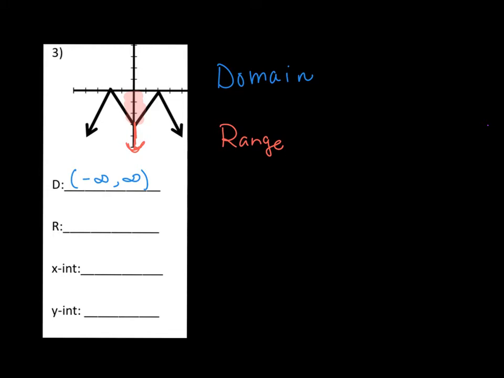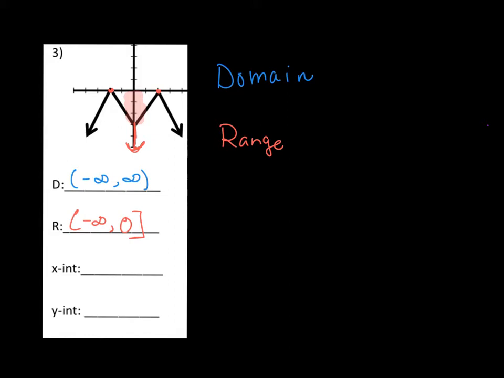So the lowest possible value for the y-axis is negative infinity. When it goes up, though, it never crosses up here, so the highest possible y value is 0, and that 0 gets a bracket because it's included. If it wasn't included, those would be open circles, but they're not, so 0 is definitely included.